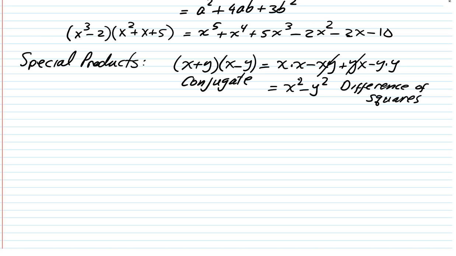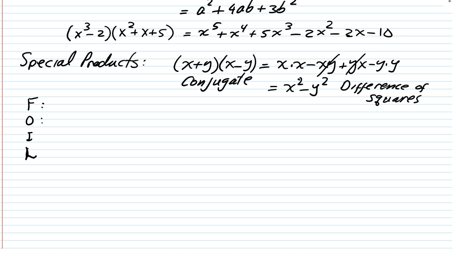Now when you do a binomial times binomial, by the way, you probably have heard of the FOIL method of multiplying binomials. That's a common acronym they use. Now the FOIL, this is some kind of a memory aid.